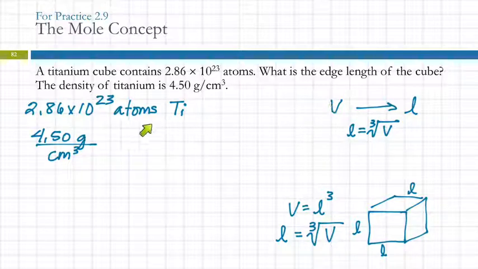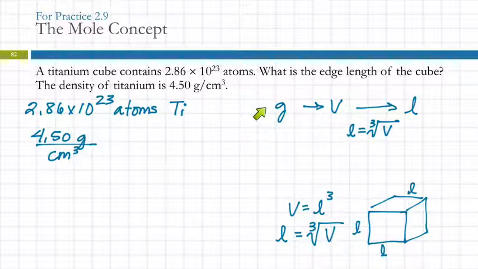So now I'm back to, how do I get a number of atoms to a volume? Well, I was given this, grams per cubic centimeter, the density. Density relates mass and volume, right? So if I had the mass, the number of grams, I could use the density to find the volume. Okay, so I'm getting closer.